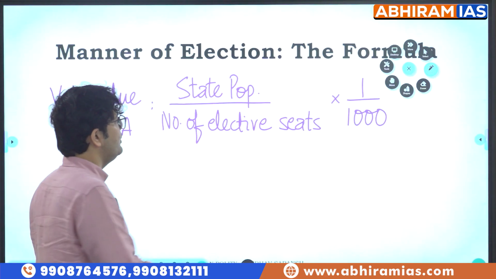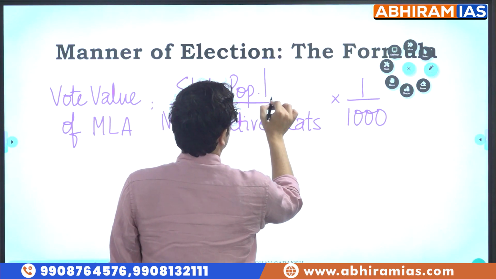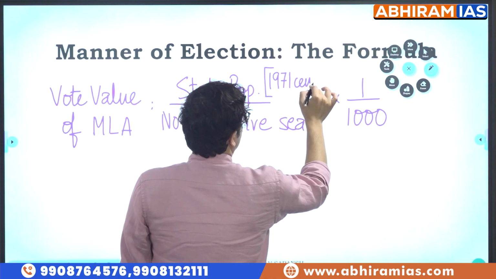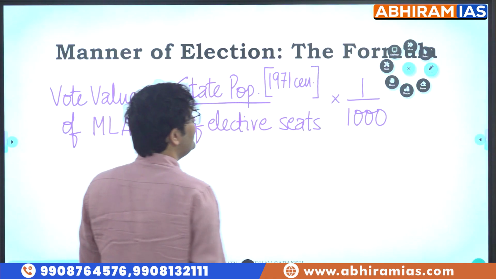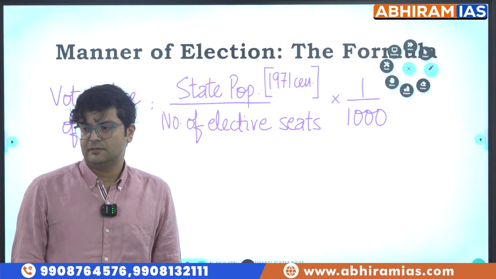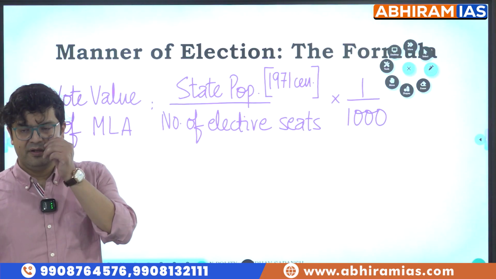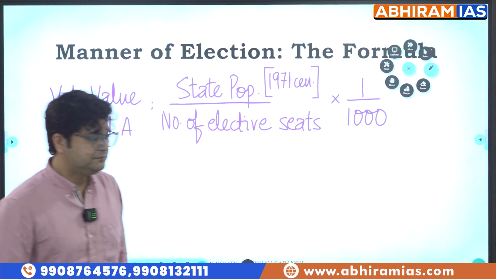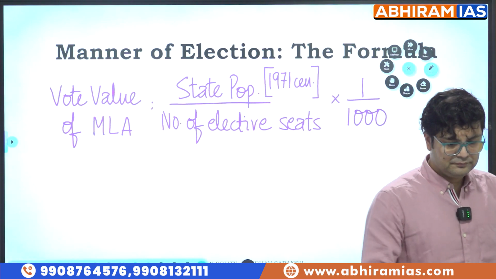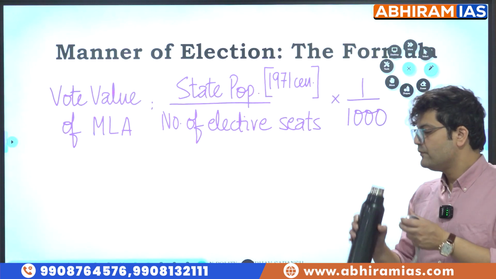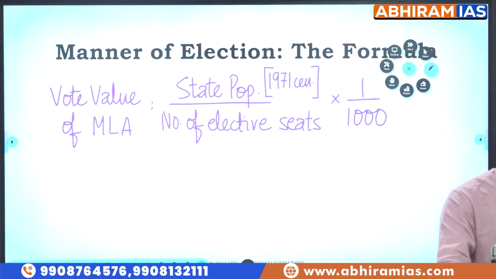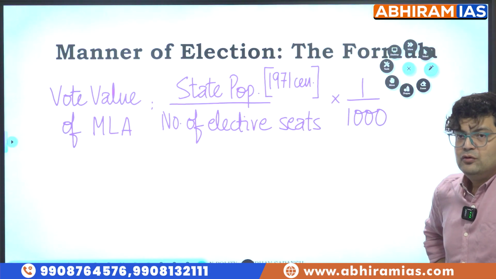So we take the population of the 1971 census. Why? I'll come to it. Write the next heading: Manner of election, vote value formula.